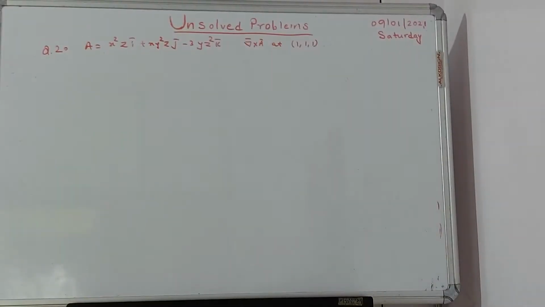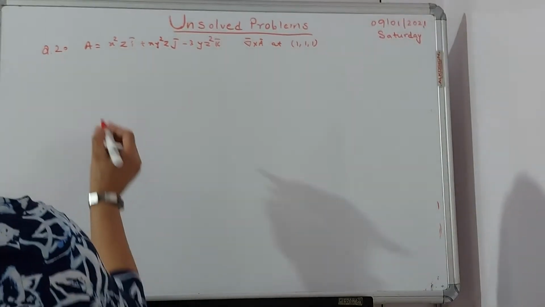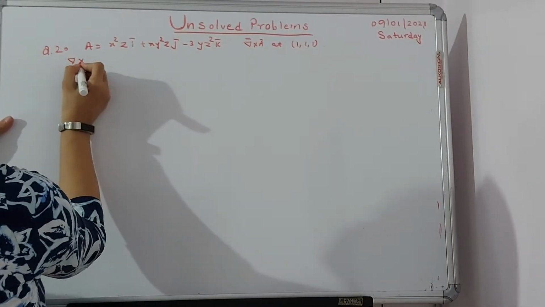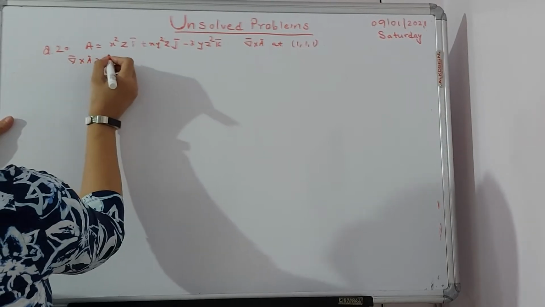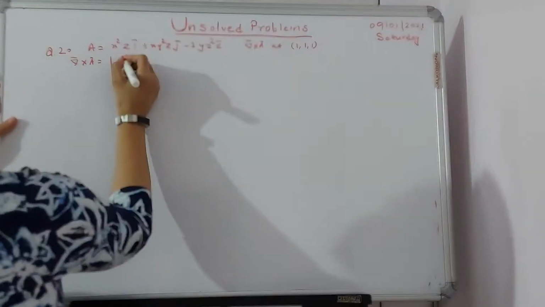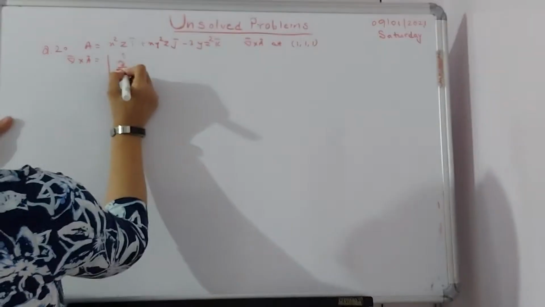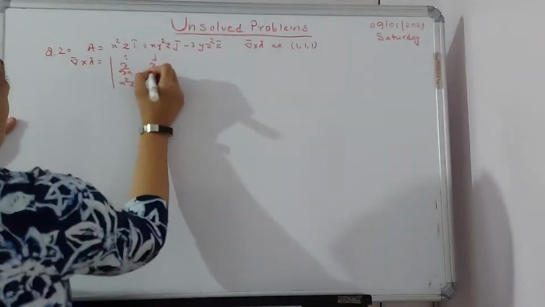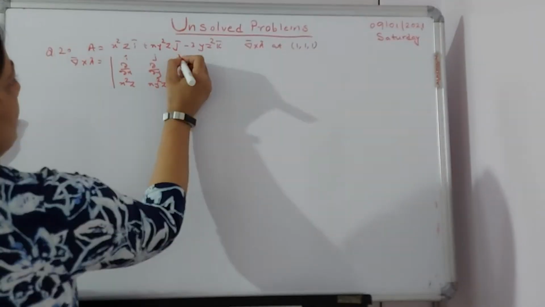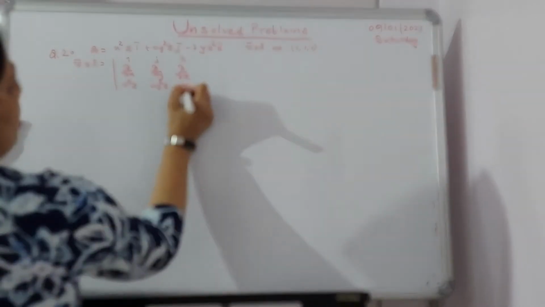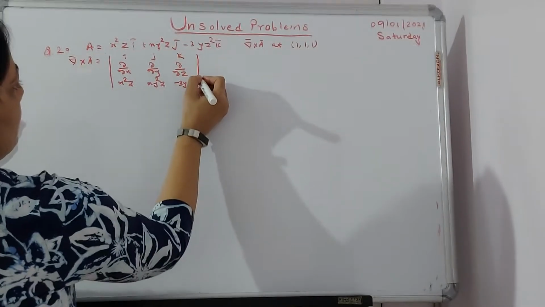What is the first step? Write the determinant. Right? What is the determinant now over here? Curl of A is i ∂/∂x, x square z, j ∂/∂y, x y square z, and k ∂/∂z, minus 3y z square.